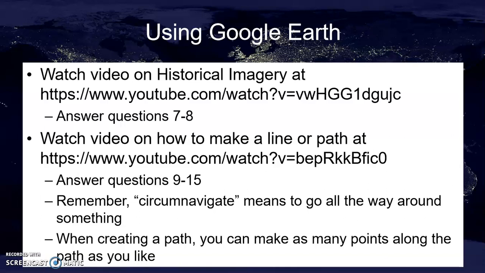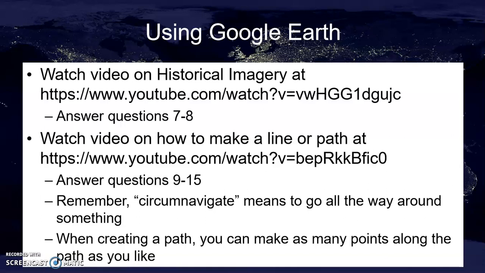And just a reminder here, there's a question that asks you to circumnavigate an island. To circumnavigate means to go all the way around something, obviously. And when you're creating a path during your circumnavigation, you can make as many points along the path as you like.